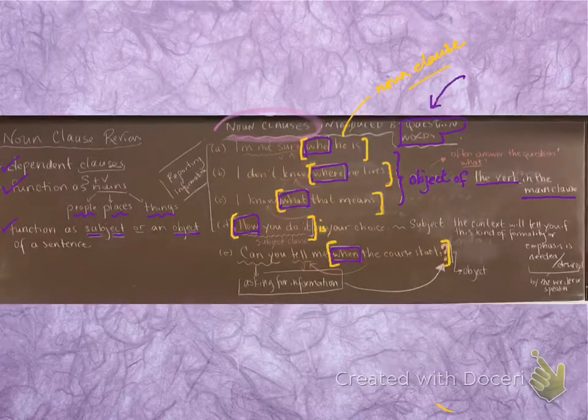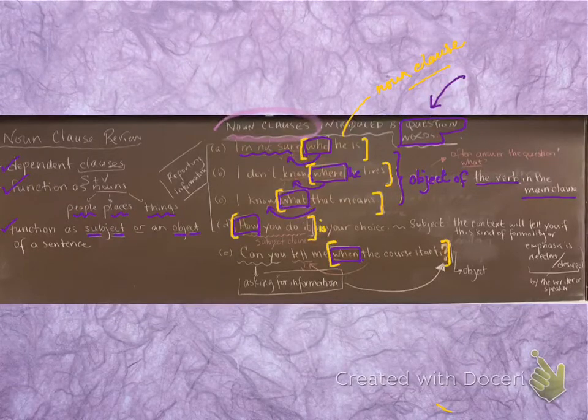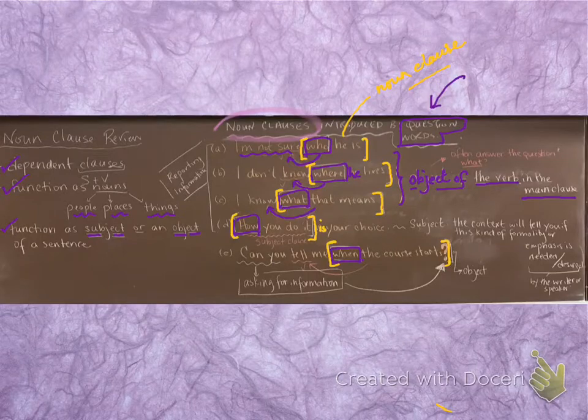Okay, so who he is gives us information about the fact that I'm not sure. Where he lives, sorry, that says he. Where he lives gives us information about what I don't know. Okay? What that means gives us information about I know. And so these are the objects.